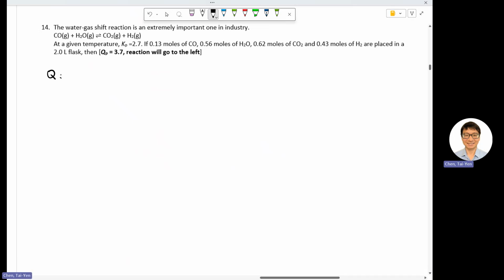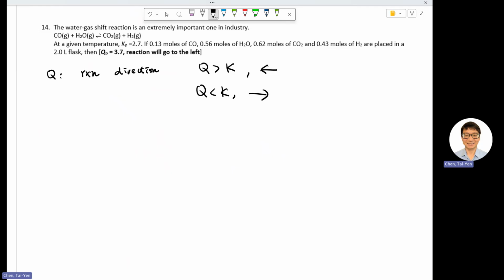So Q is going to tell you the reaction direction. Q larger than K, too much product, move to the reactant side. Q smaller than K, move to the product side. Those are the underlying thinking.